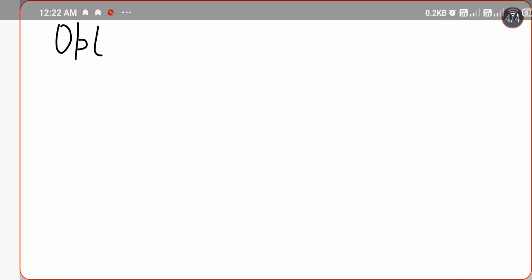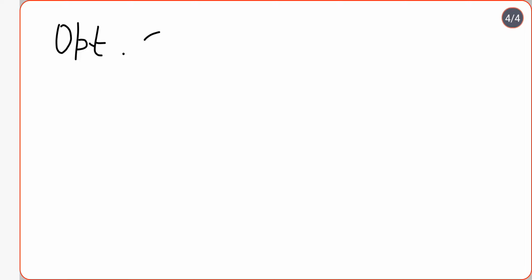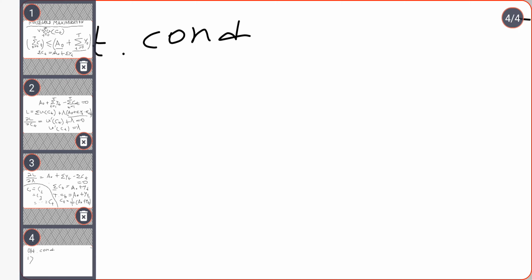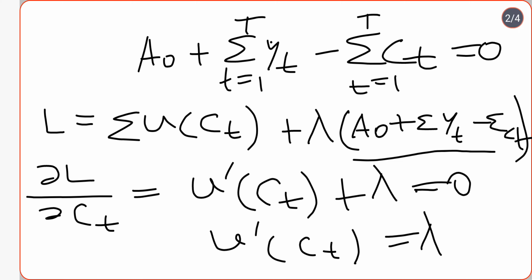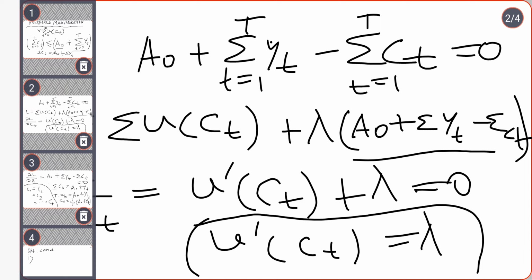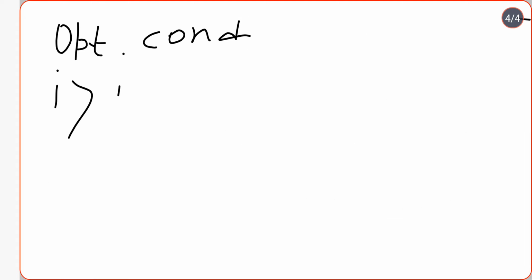The first optimality condition was that the marginal utility was constant. In this place we have obtained u dash ct equal to lambda. This is the first optimality condition, that the marginal utility is equal to a constant.